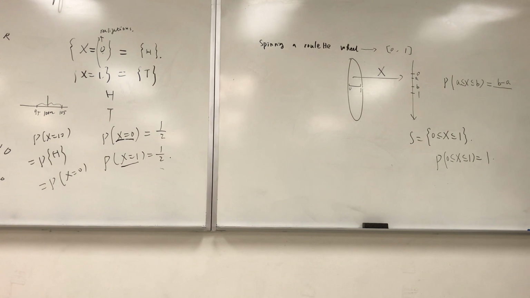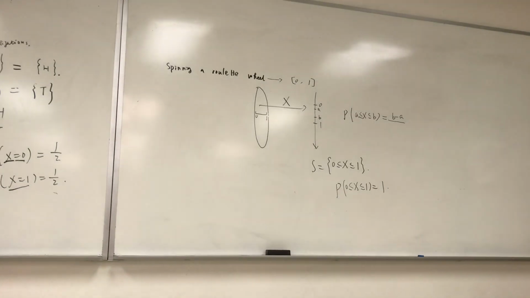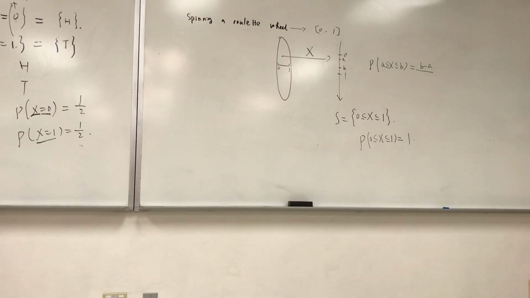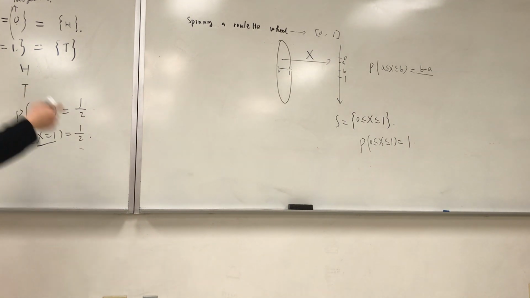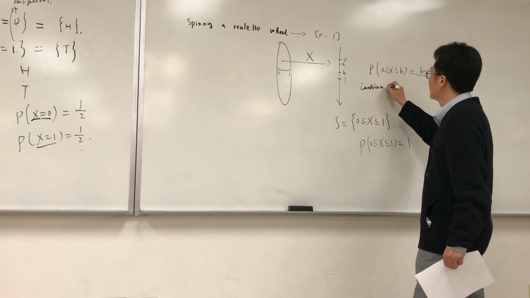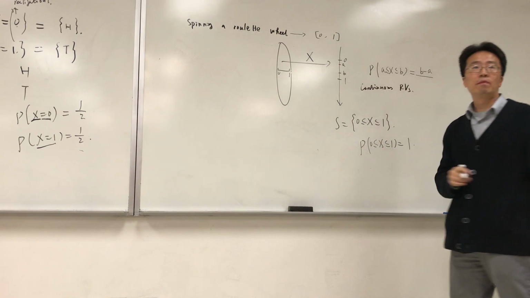Okay? And basically, in this case, these are called discrete random variables. And this is the case of continuous random variables. Okay?